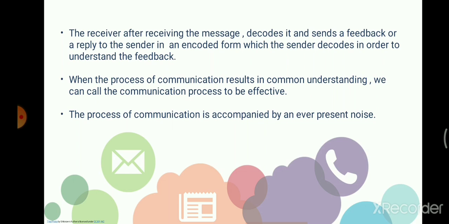So the receiver sends a feedback to the sender in the same manner in which the sender had sent it to the receiver. What does the receiver do? The receiver encodes the feedback and the sender has to decode the feedback. When this whole process, the message being sent and the feedback being received, is complete, then the process of communication is considered to be complete.